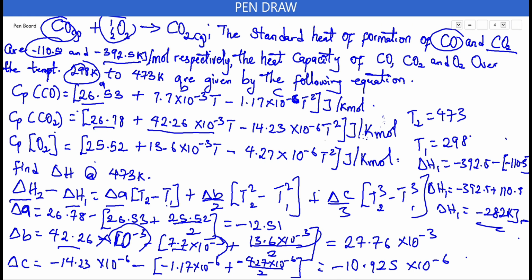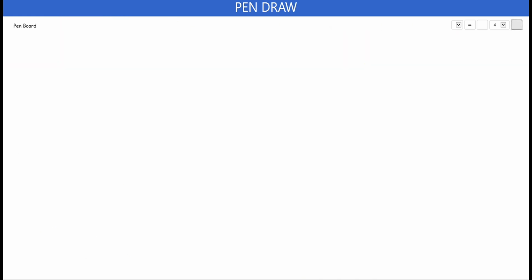So good. Okay. Don't forget that our change in H1 that we got is minus 282 kilojoules. Our change in A that we got is minus 12.51.